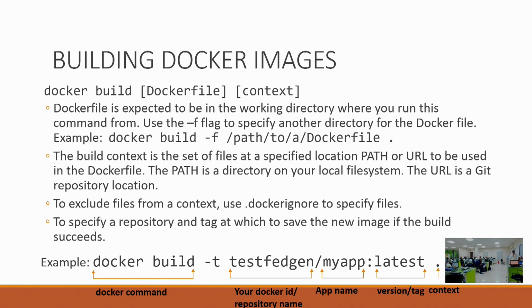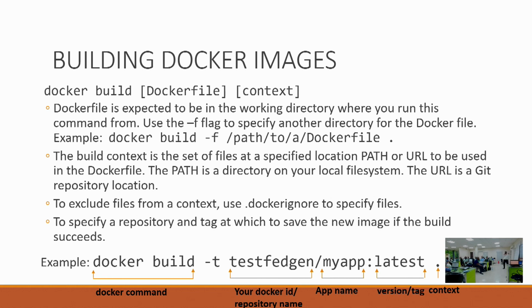So I can use my Docker ID or repository name, your app name, then colon, then my version and tag, and this is my context. So if I want to build a Docker image, I put docker build -t, specifying the name, then the tag and the context.